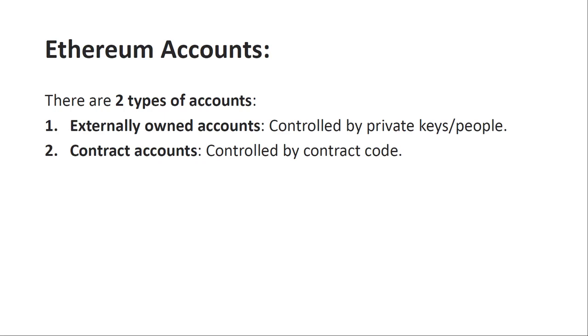And we have contract accounts that are controlled by contract code, and when they get a message, first they activate and execute their code. These are like little robots that execute their code but also have their own Ether balance. And every account has 4 fields: nonce, Ether, contract code, and storage.